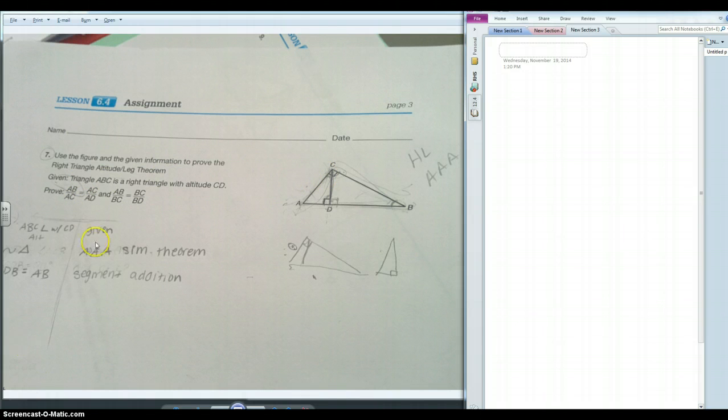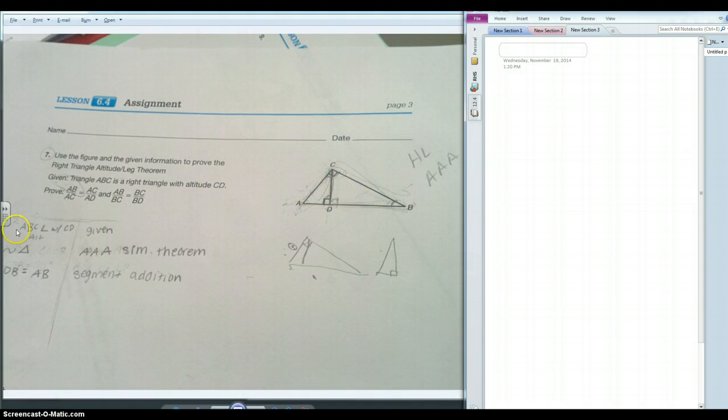For this one, it wants you to say that the proportion of leg A to B and A to C is exactly the same as A to C and A to D. So if you pull out this triangle, the little one, and the big one, you have to prove that they're similar to each other.